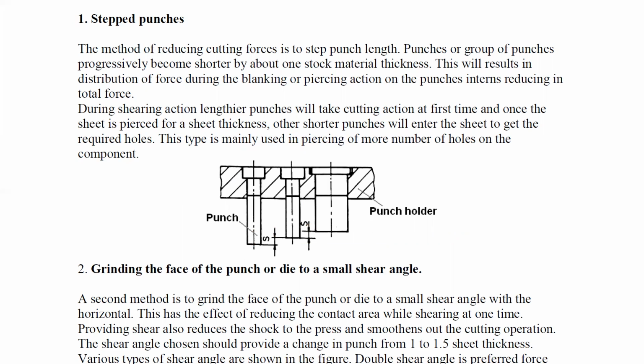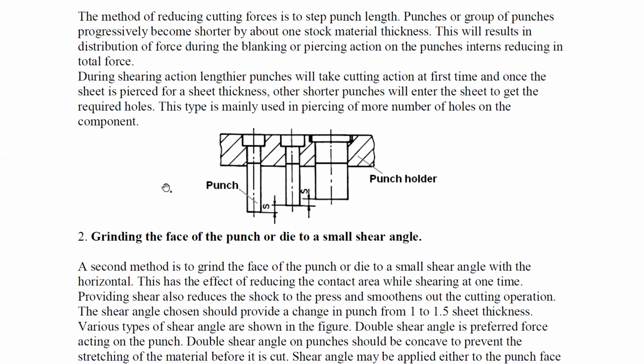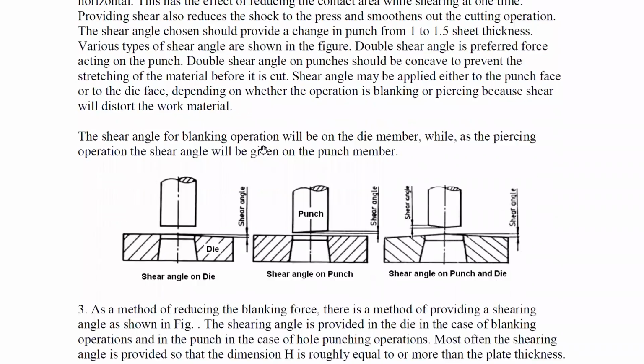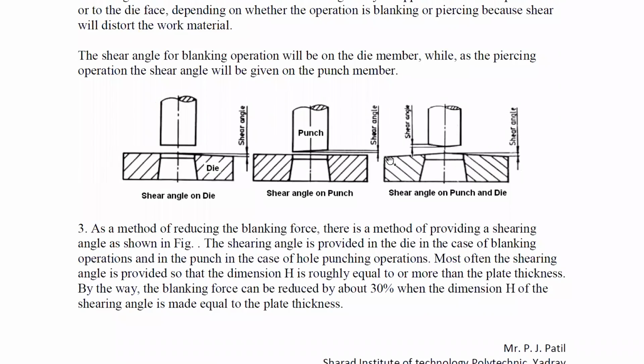Now, grinding the face of the punch or die to a small shear angle. If you observe this figure, the grinding has been performed on the surface of either the punch or die, or on both punch and die.